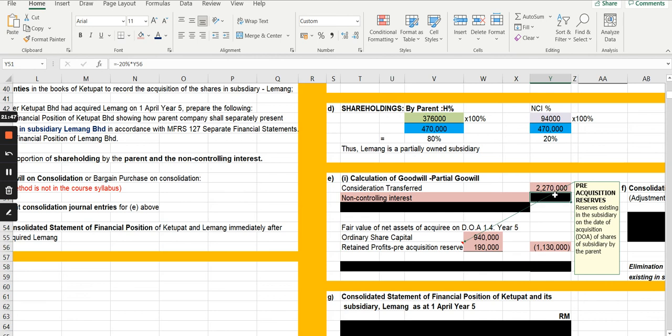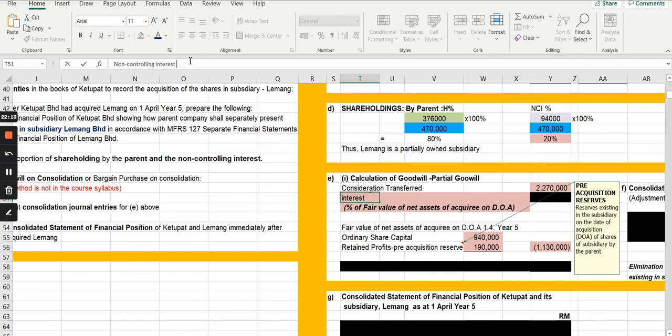If you compare this, now you can calculate what is the non-controlling interest. Non-controlling interest here, how do you calculate? Based on the percentage of the net asset. So if the net asset is 1130 and the percentage was 20%, what you will do is 20% times the net asset 1130.